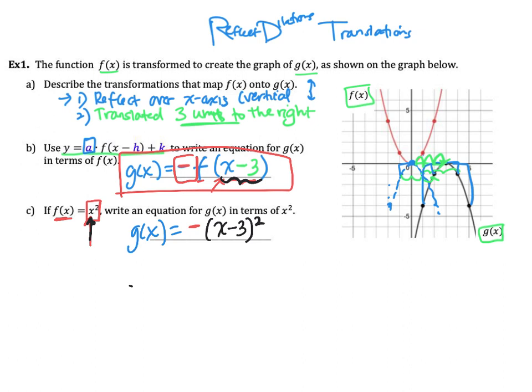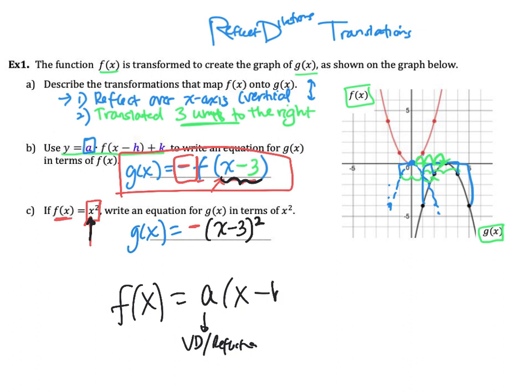So if we're looking at our original function, A is telling us a vertical dilation, or if it's negative, it's also your reflection. Then you're going to have your x minus h squared plus k. So your hk is your vertex, right? So you do the opposite.